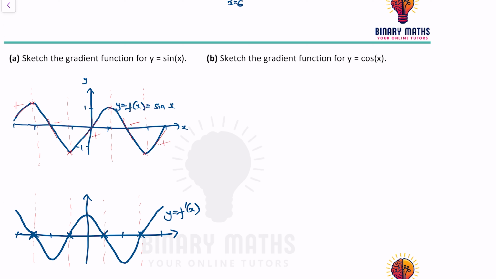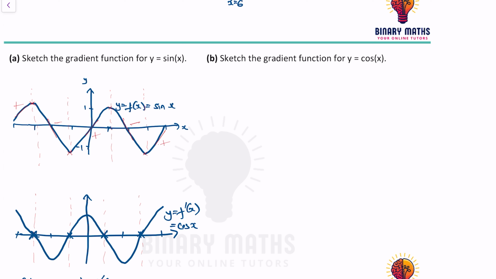And you can see this graph should look familiar. It looks like the cos graph. So it does give you the cos x graph. So that means if f of x is equal to sine x, f dash of x is equal to cos x. Okay, there are some conditions involved with that, but we won't go into that right now.